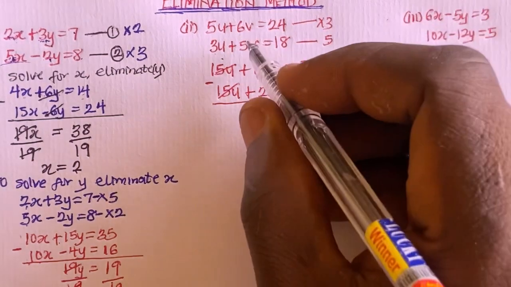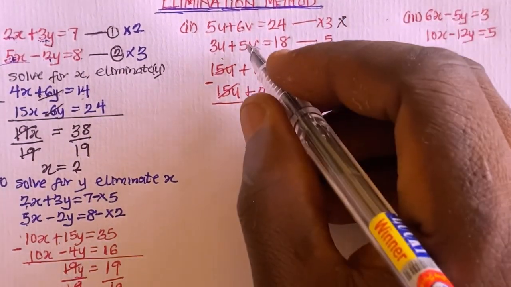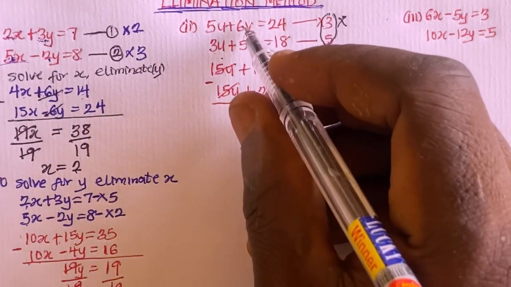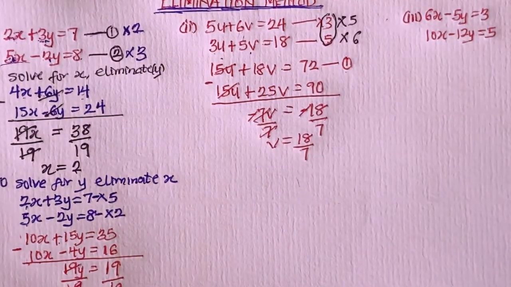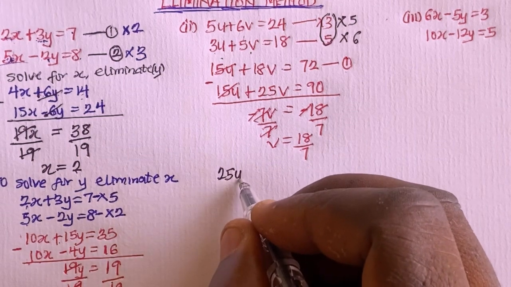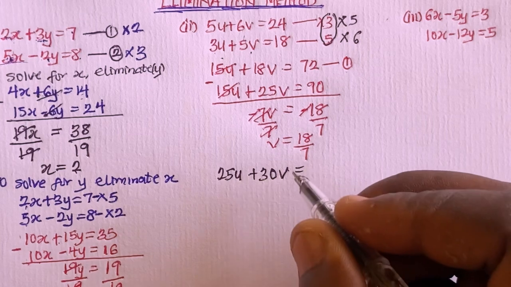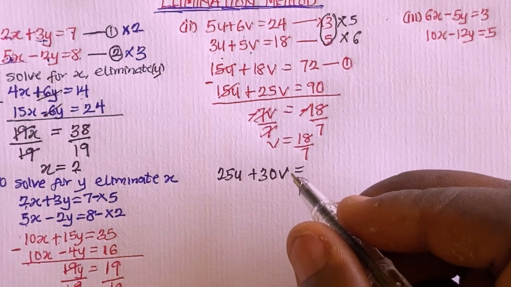So similarly, I'm going to pick the coefficient here. That means I'll be multiplying this side by 5 and this side by 6. Then 5 multiplied by 5, that's actually 25u, then plus 30v equals 24 multiplied by 5, that's actually 120.